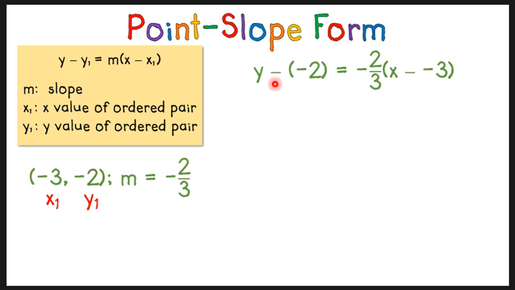When we have this opposite of a negative, or minus a negative, we can rewrite that equation as y plus 2 equals -2/3, and in parentheses x plus 3.